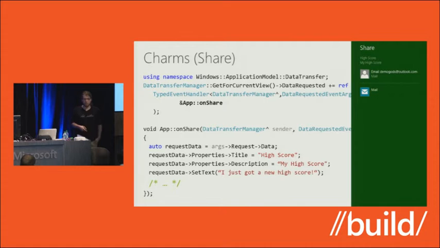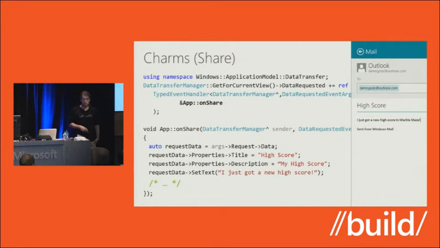And so what that might look like is you'll have the title and the description, high score, my high score, after they press the share charm. Now, let's say I click on mail or email. What you'll see is the text that I've set.